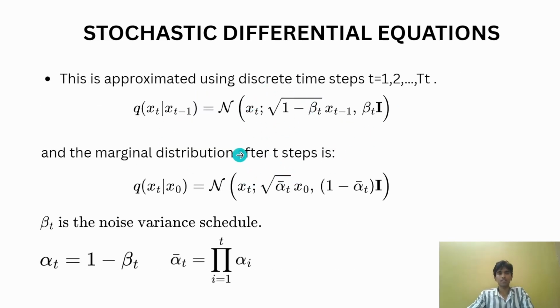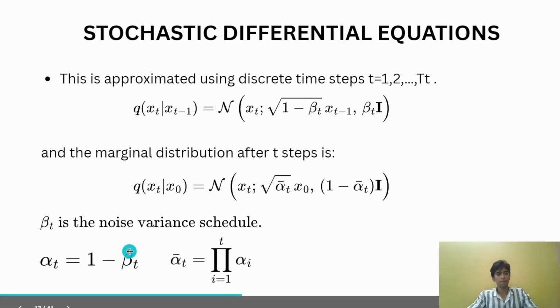So how they are discretized, as you can see, this is the normal distribution, and this is our state of the image at time t, and this beta t, as we have already seen previously, is the noise parameter at time t, and this is the covariance matrix. The marginal distribution, q of xt given x naught, is equal to this, where alpha t is equal to 1 minus beta t.